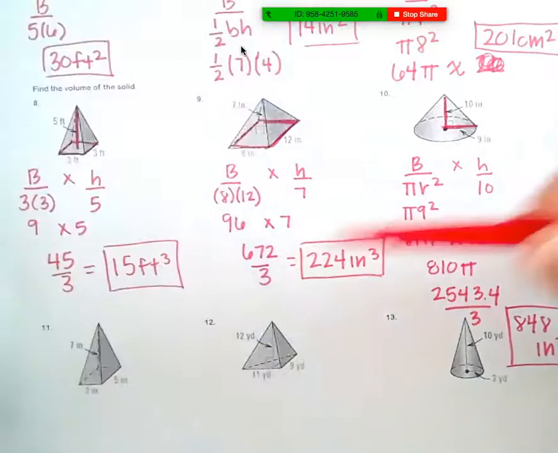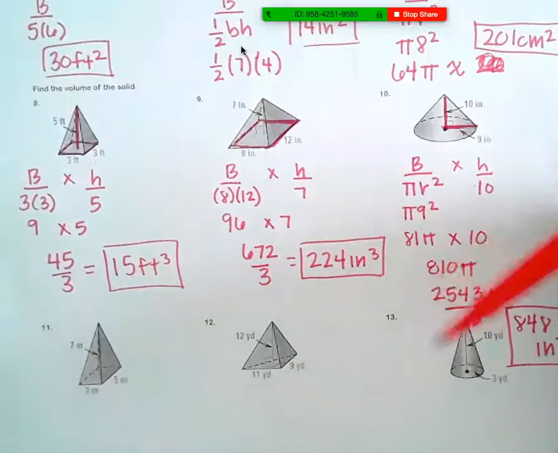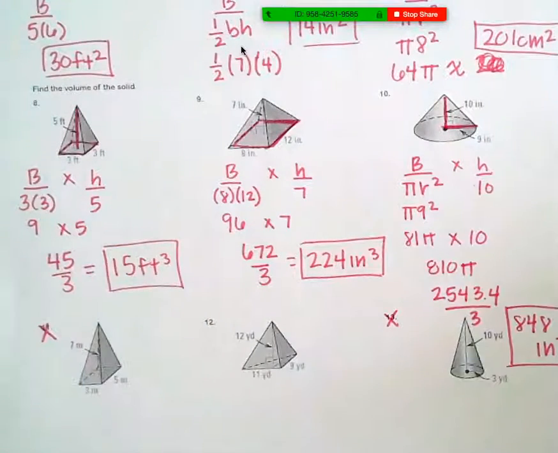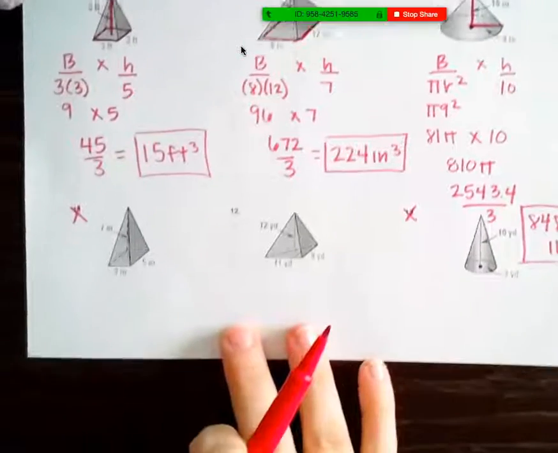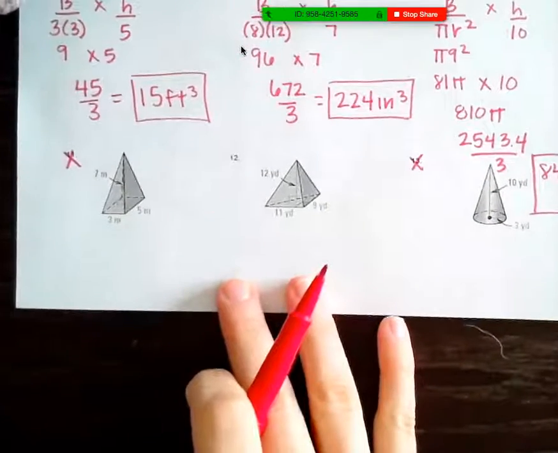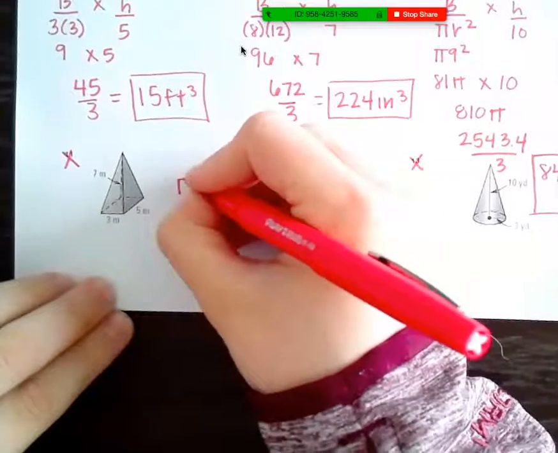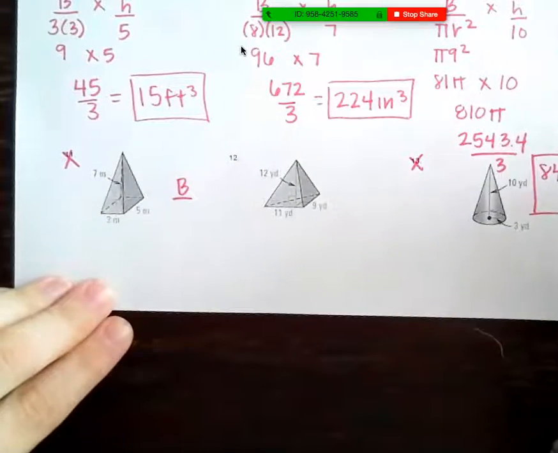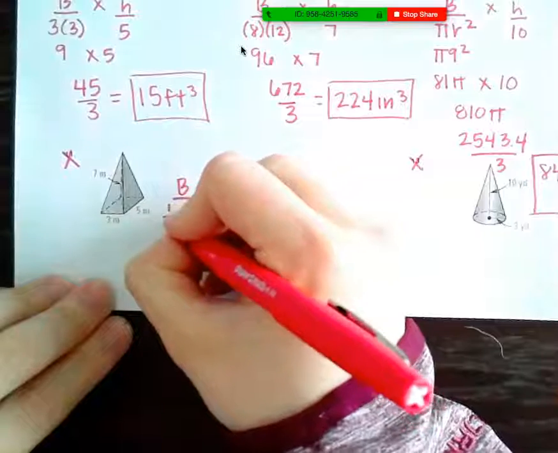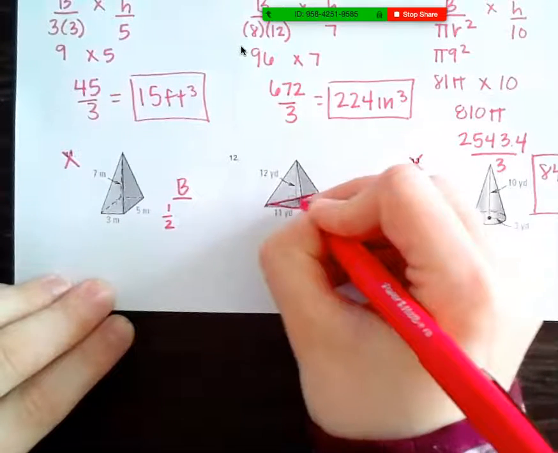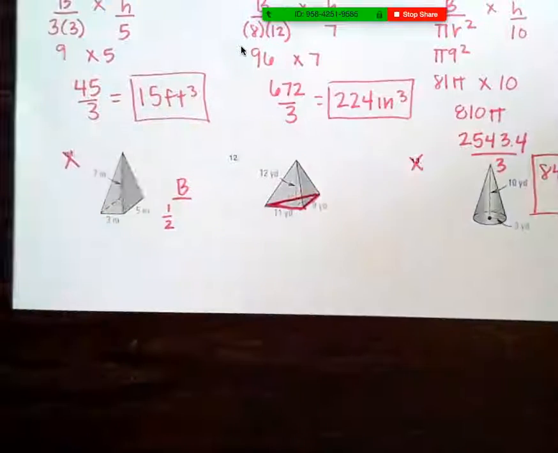Okay, let's just do 12 and we'll cross off 11 and 13. Let's do number 12 because we haven't done a triangle base yet on the worksheet. What are the base and height of that triangle down here? Triangle prism?